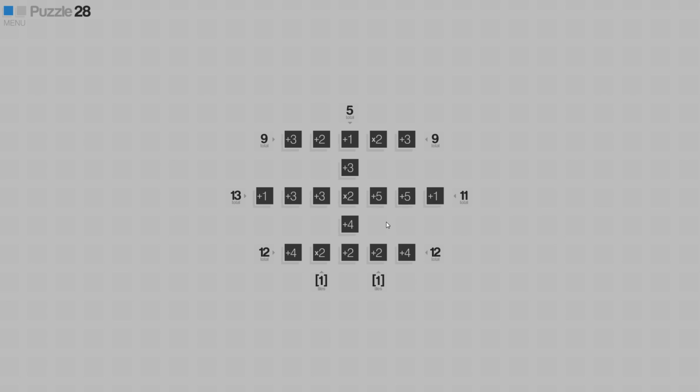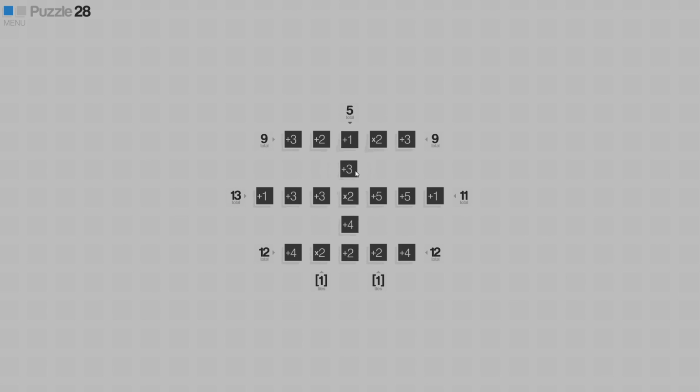Okay, here I think I started by looking at this column here. We need a total value of 5. Actually, I wouldn't know how I'm using that. 2 times 2 plus 1 is possible. 4 plus 1 is possible.